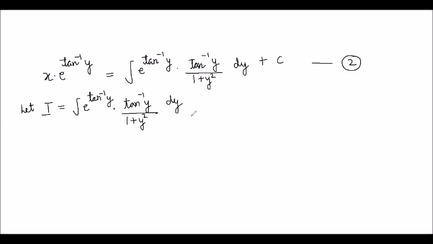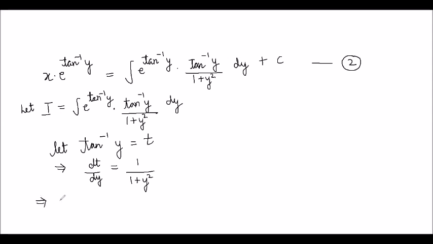It can be easily solved with the help of substitution. Let us assume this tan inverse y as a new variable. Let tan inverse y as t. Then this will imply that dt by dy will be 1 upon 1 plus y square.